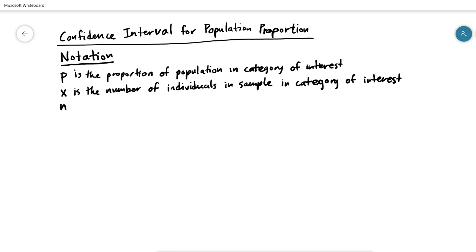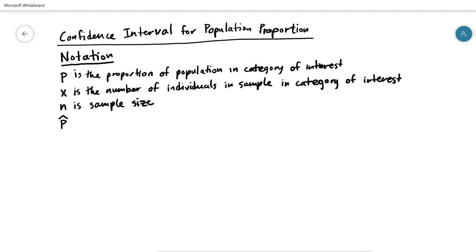N plays the role that it's always played. It's our sample size. And P with a little hat over it, this is going to be the symbol that we use for basically, it plays the same role that X bar played in the previous ones when we were trying to predict mu.